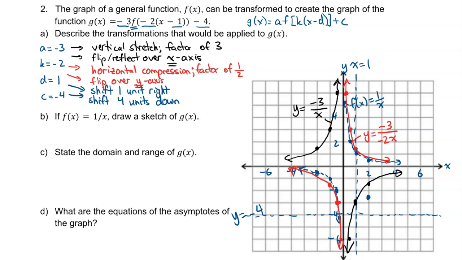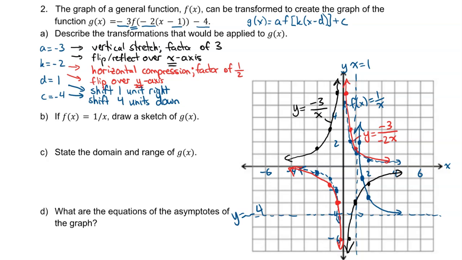I went over 1/2 and up 3, so I'm going to go over 1/2 and up 3. There's another key point. And then that last key point way up at 1/4 and 6 is going to be a quarter from where the asymptotes join and 6 above it. And so we join those 3 points up like so, and that's the right side of this.